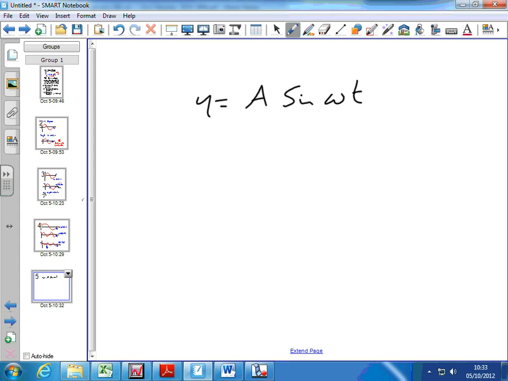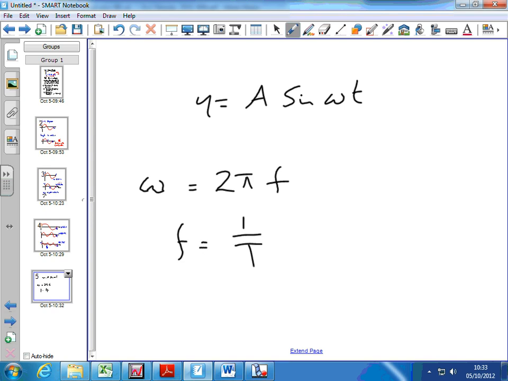Now omega equals 2 pi times the frequency. This is a formula that we came up with last year when we were looking at these things, which relate to angular velocity and frequency. So what's the relationship between angular velocity and frequency? There it is. What's the relationship between frequency and the period of a wave?